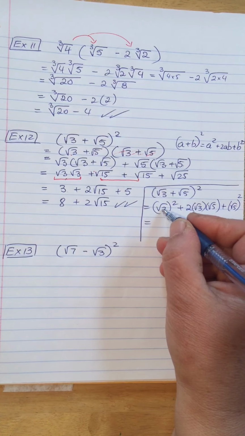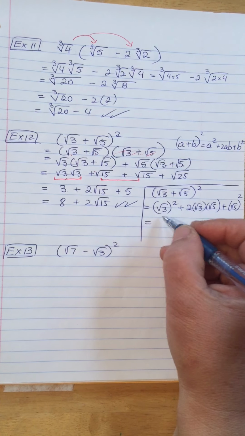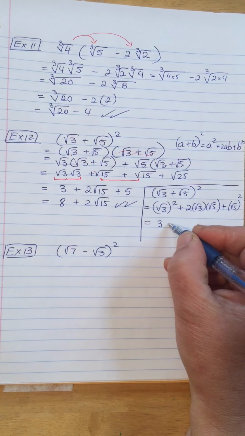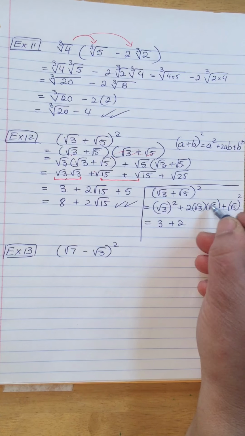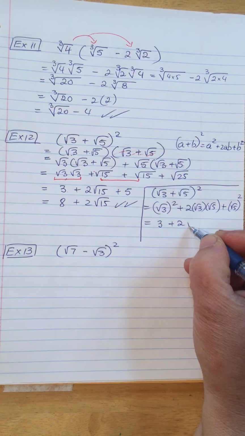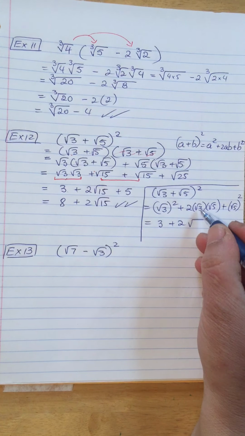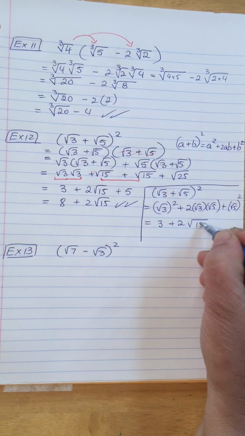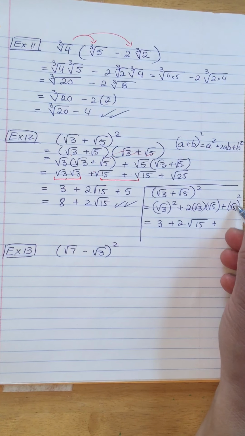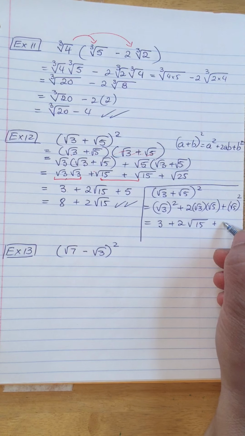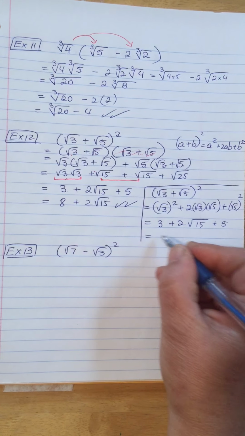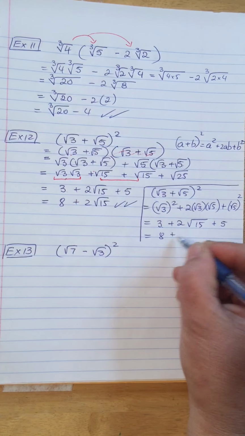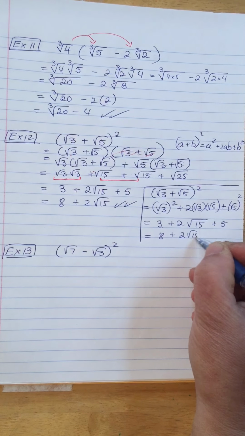Okay, so I have the square root of 3 squared. I know this is 3, plus 2. I can multiply them because they have the same index. So write the radical, the square root, 3 times 5, 15. And the square root of 5 squared is 5. And now 3 plus 5 is 8, plus 2 square root of 15. Done.